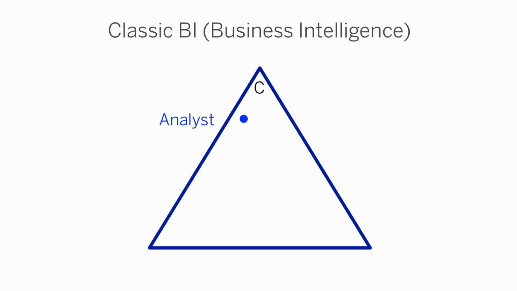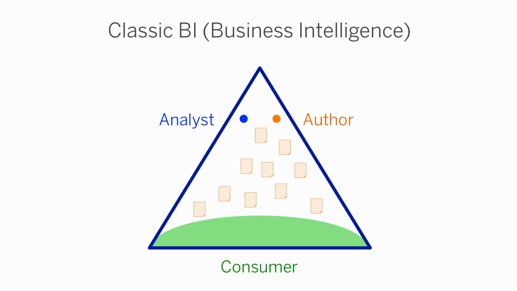The second role is the author role. So IT departments started generating reports that they would send out to the organization, and that led to the third role that I'm going to talk about today, which is the consumer role. The other people in the organization that took those reports to use as part of their work. And so these are the 3 key roles of visual analysis, and I'll get to the 4th one in a moment.